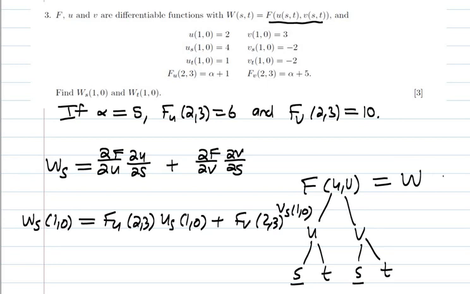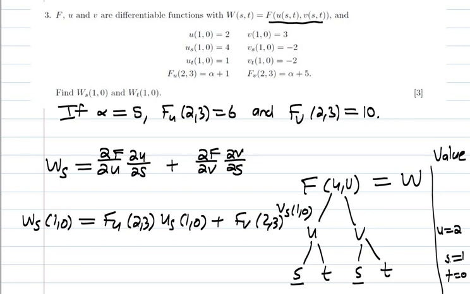So as not to lose yourself, it's sometimes useful to have a column here called values. Here we have that S corresponds to 1 and T corresponds to 0. So you can see that if S is 1 and T is 0, then U(1, 0) evaluates to 2, so U is equal to 2.